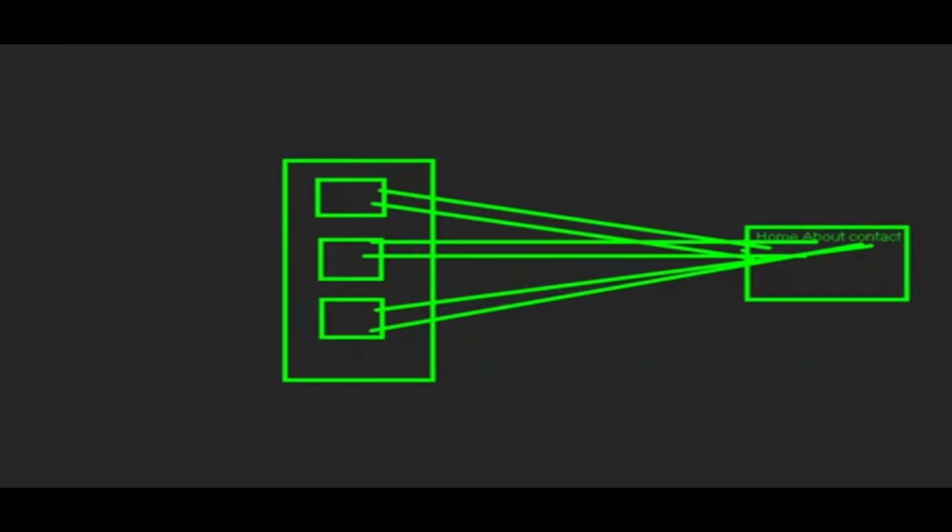What is the main purpose of the single page application concept? Here, the entire thing we create as one object. All these pages, in React, we call them components.